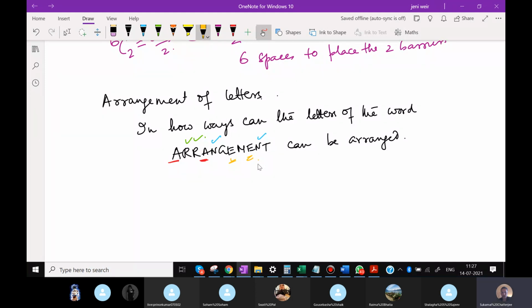That means I will form groups of these letters: AA, RR, NN, EE. So these are four groups, right? And then I will be left with G, M, and T, right? So basically, I have 7 entities.